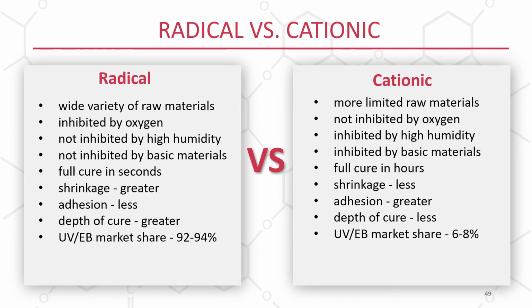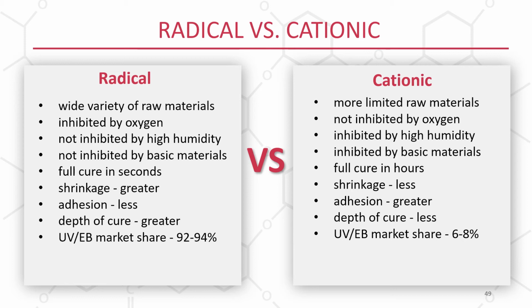So now that you've had a good overview of the mechanism, the materials, and different ways you can work with cationic curing, why would you choose cationic curing over free radical curing? There are advantages and disadvantages to both systems, and we can see that here on the slide.